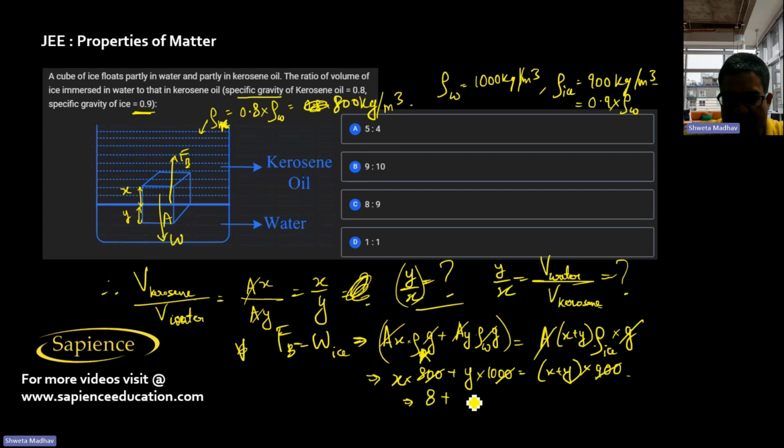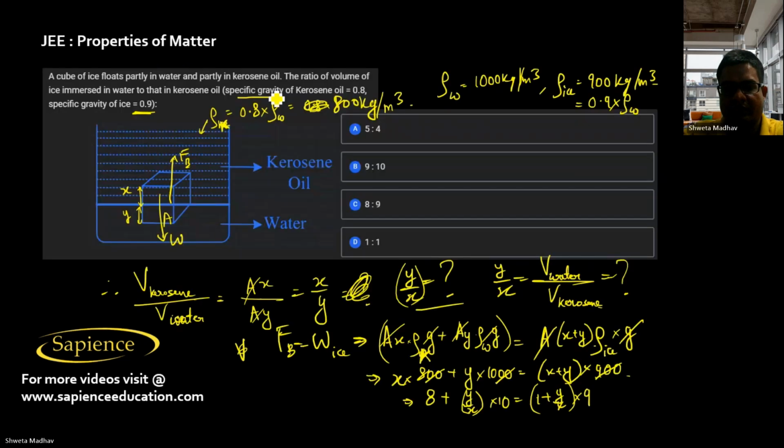Then here we will get 8 plus y by x into 10 equal to 1 plus y by x into 9. So therefore we will get 8 plus 10y by x equal to 9 plus 9y by x. Y by x is equal to 1.